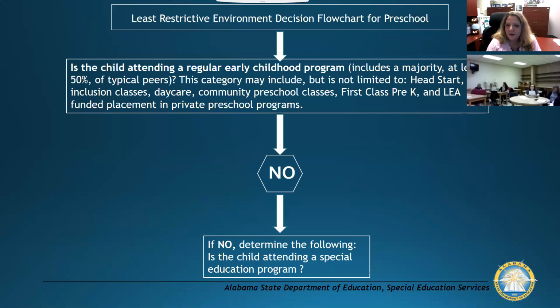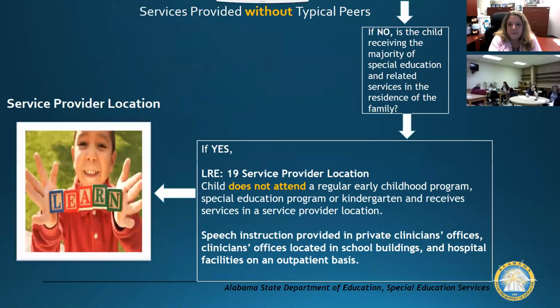Let's see. All right. We're going to talk about Emil. And Emil is 4 years old. He stays at home during the day with his mom, and he is eligible to receive services under speech and language impairment. For Emil, does he attend an early childhood program with typical peers? He does not, so we are going to talk about where he might be. And these are some of the ones we talked about a few minutes ago. Does he receive his services in the residence of the family?